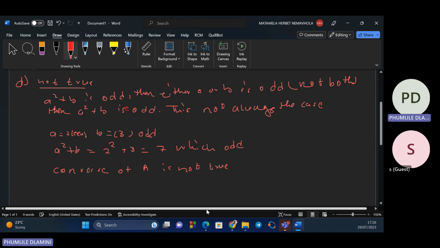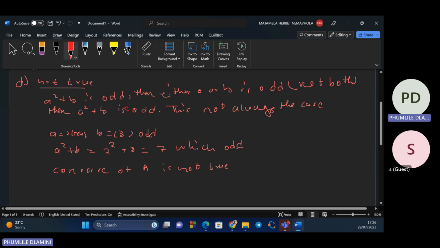So why are we saying the converse of A is not true? If you check the converse of A, it was question number B: if either A or B is even, then A plus B is odd.